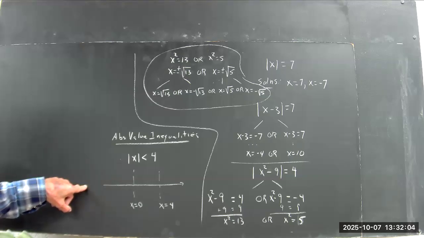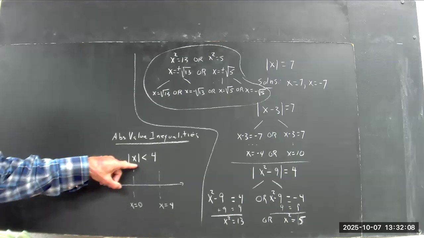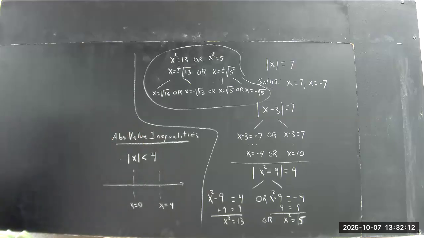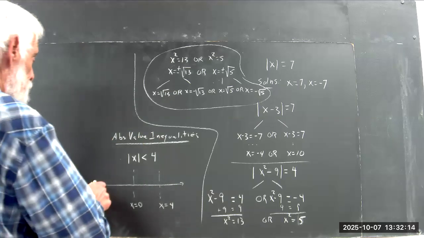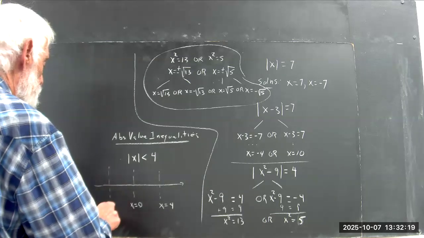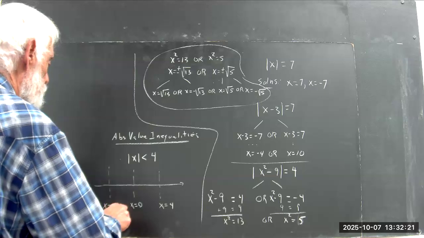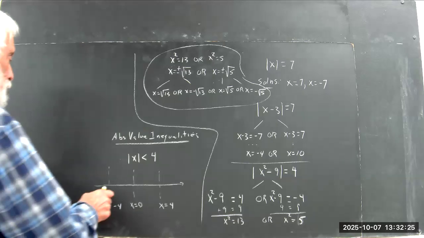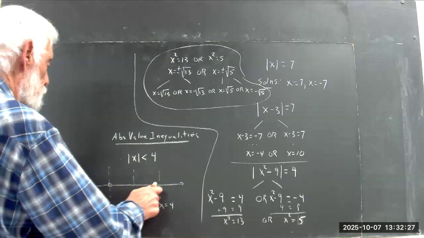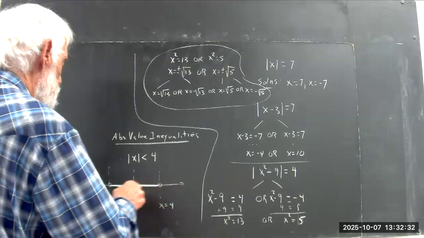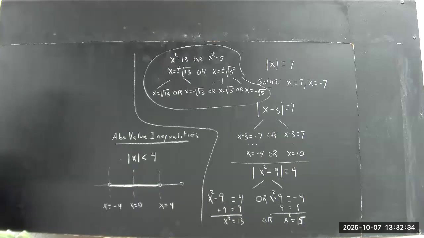Almost, but not quite, so the answer is no. If x is -4, the absolute value of -4 is equal to 4, and this has to be less than 4, right? So you can see that any number between -4 and 4 is going to satisfy this as long as the number isn't 4 or -4. So right there is your solution set.